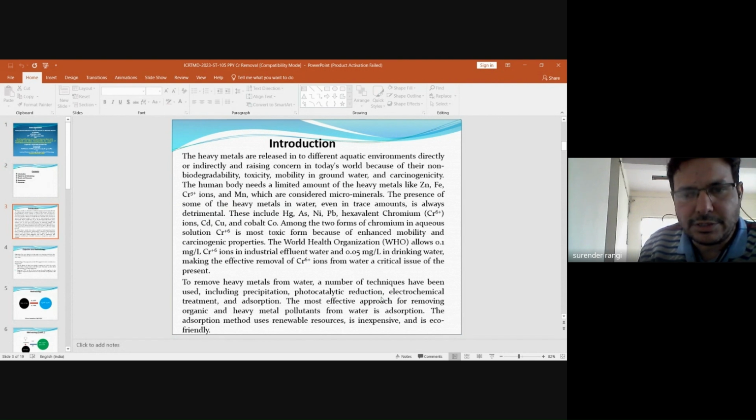There are many methods for removal of heavy metals from aqueous medium, such as photocatalytic reduction, electrochemical treatment, and adsorption. Adsorption is the most suitable method for removal of heavy metals from water.